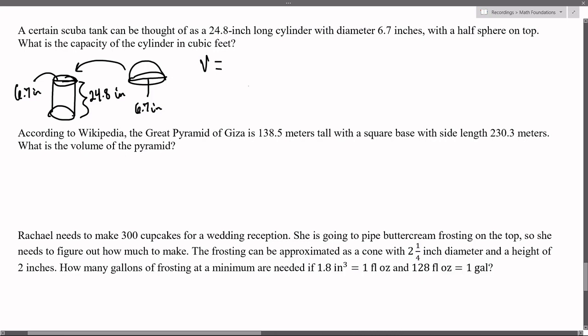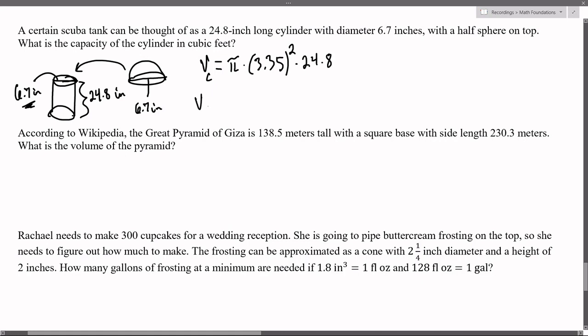So the cylinder is going to be the area of the circle on the bottom. We have the diameter, so we need the radius, because we have pi r squared times h. The radius is half the diameter, that's going to be 3.35 squared times the height, 24.8.